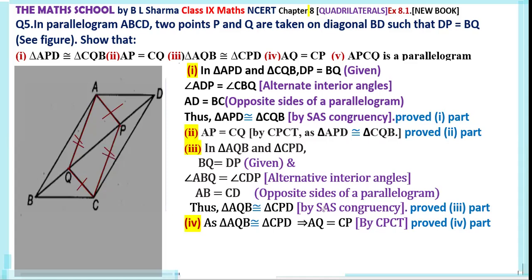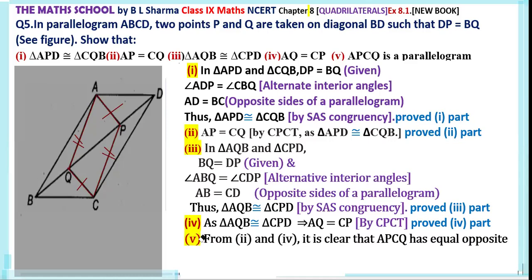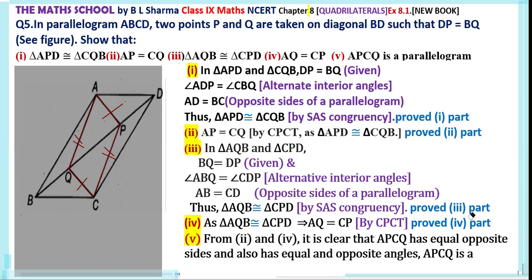So in the quadrilateral APCQ, opposite sides are equal. That is why APCQ is a parallelogram. So it is proved. So the fifth part is proved. That's all for this question.